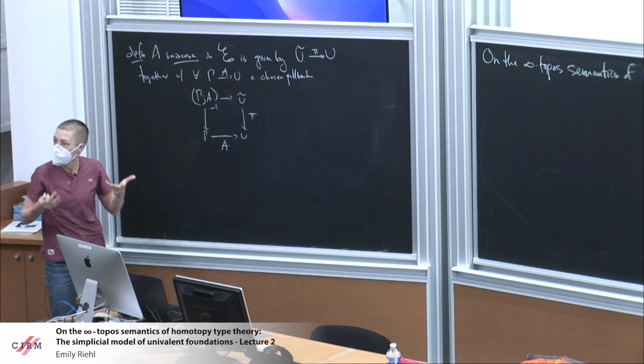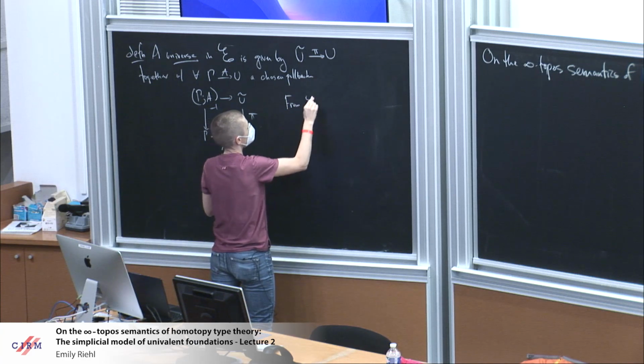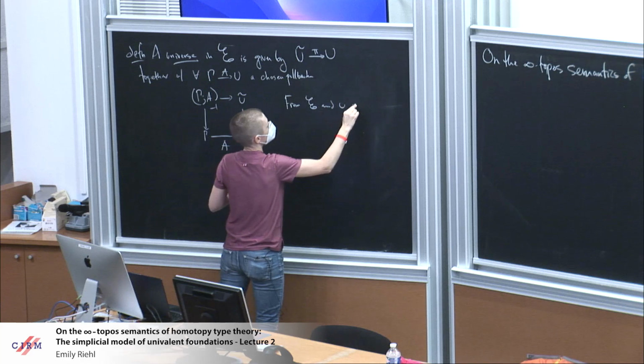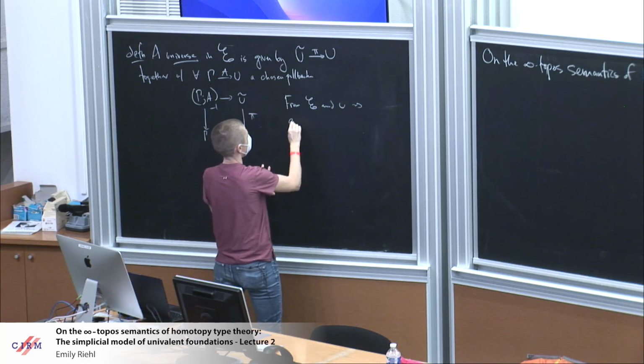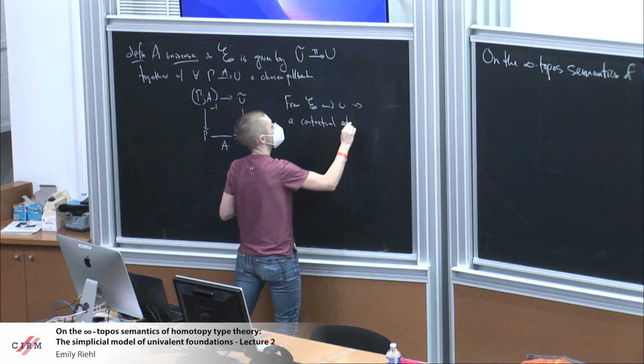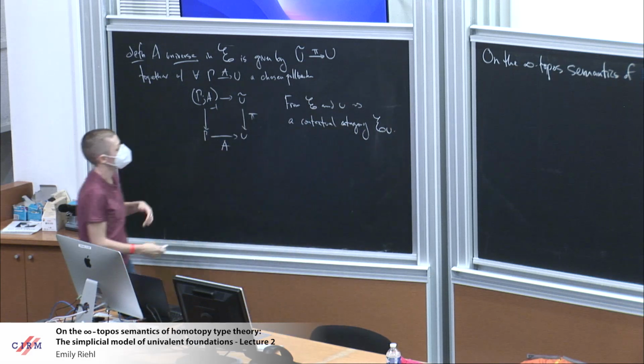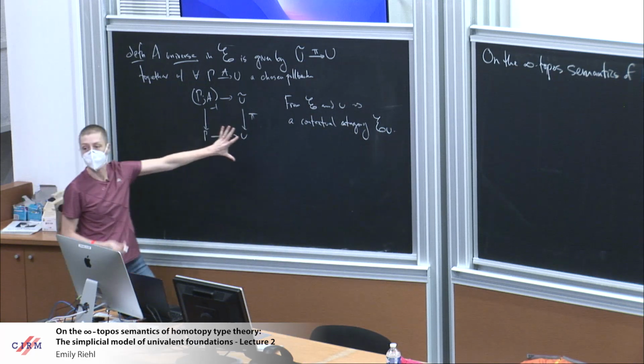So the use of this was, from E and U, he had a technique for constructing a contextual category called E sub U. So there was some device out of this to construct a contextual category.